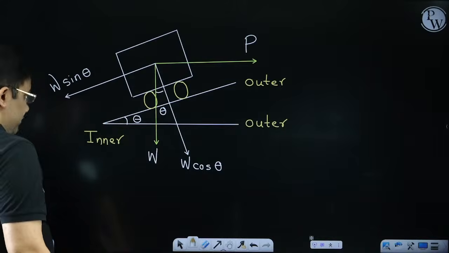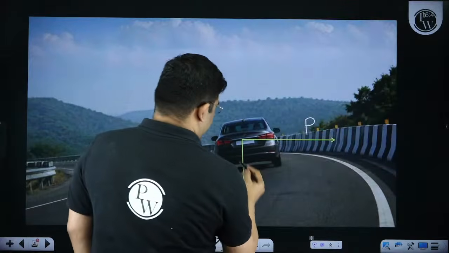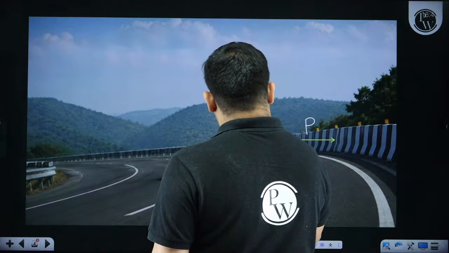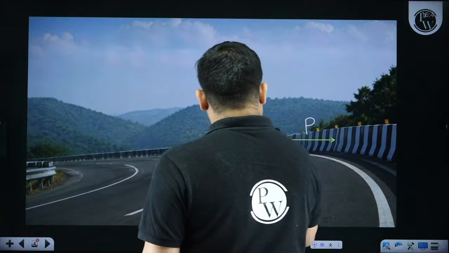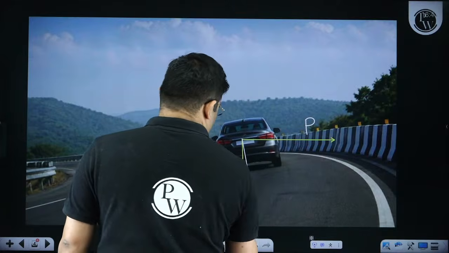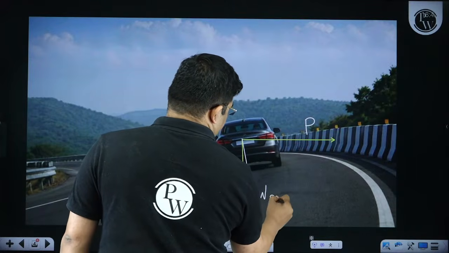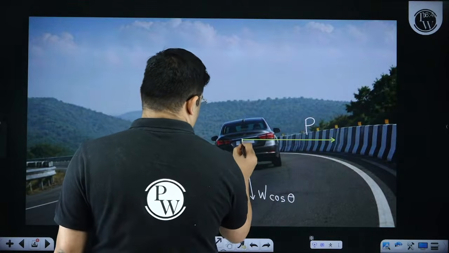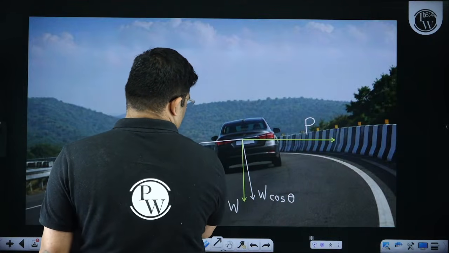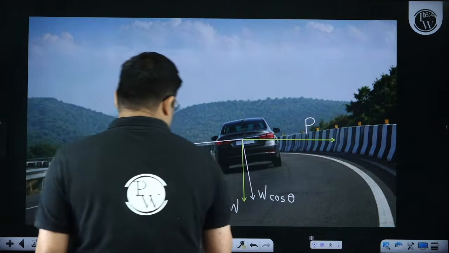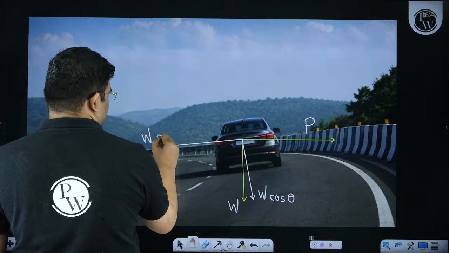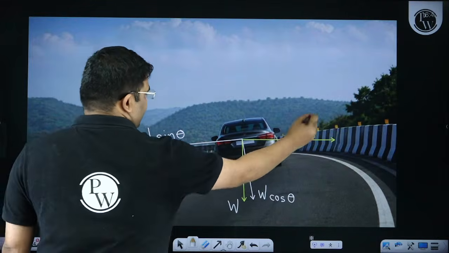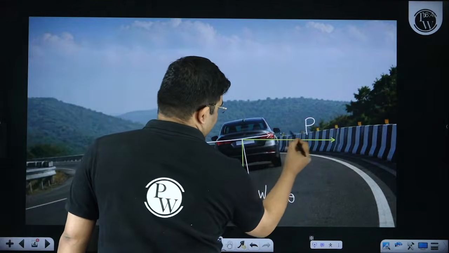Here also I'll draw something like this. Here I will have W cos theta, and this will be W sin theta. Now we'll have some component of P also in this direction.